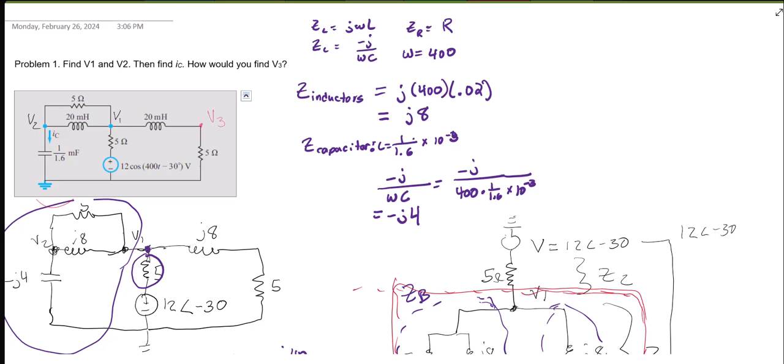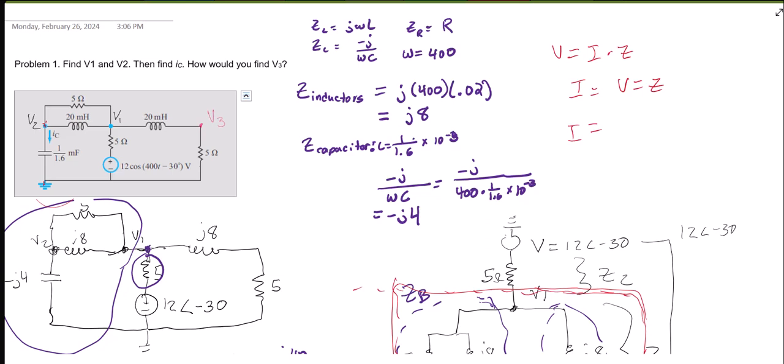It's easy to do now because I can just use Ohm's law. Ohm's law tells me that V equals I times Z, or I equals V over Z, where V is the change in voltage between the two places, and Z is the impedance between them. And so I know all that now.